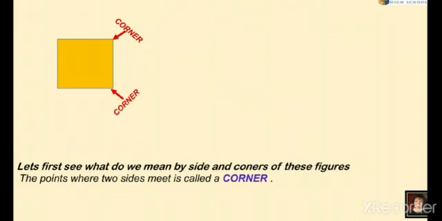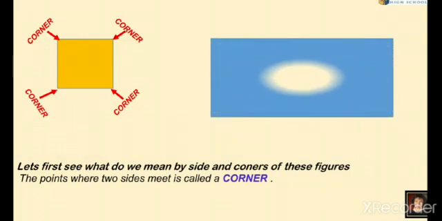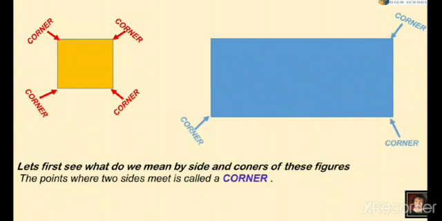Corner number 2, third corner and fourth corner of a square. Let's draw a rectangle. They too have 4 corners. First, second corner, third corner and a fourth corner. So rectangles and squares have 4 sides and 4 corners.